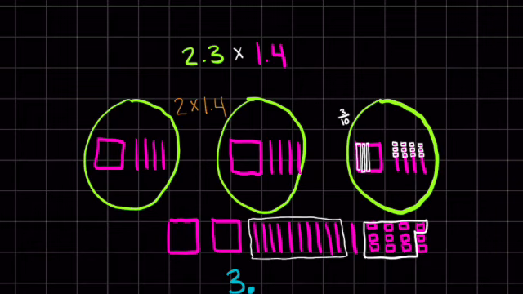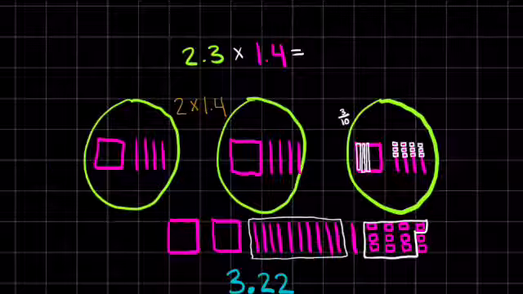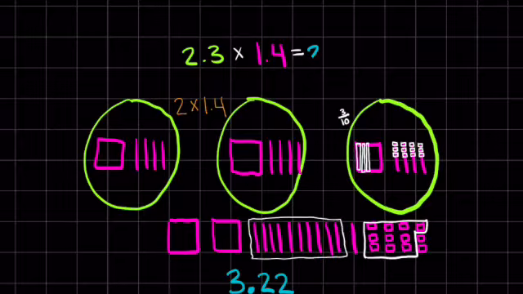And I have 1 long from here and 1 long from these units that were regrouped into a long. So that gives me 2 longs or 2/10. And finally, I have these 2 units left over, which are hundredths, and my answer to 2 3/10 times 1 4/10 is 3 22 hundredths.